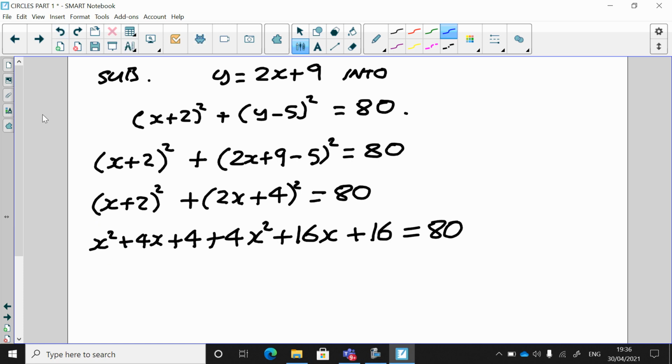So we get down to there, and we come out with a nice quadratic equation. Hopefully you can spot the coefficients. Coefficients means the numbers in front of.